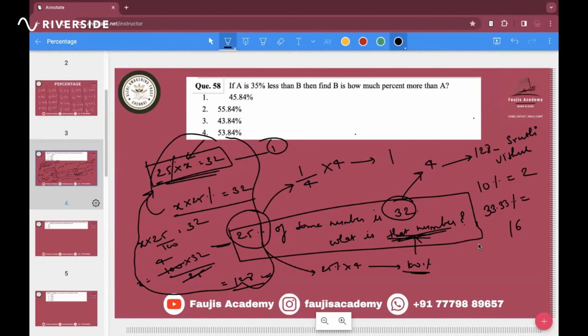Come on, tell me. See, we are talking about some X of 33.33%. This is nothing but 1 by 3. If 1 by 3 is 16, then 1 is how much? It's 3 times. If we do 3 times on both sides, this will become 1 and this will become 48. Will it not become? Yes or no?